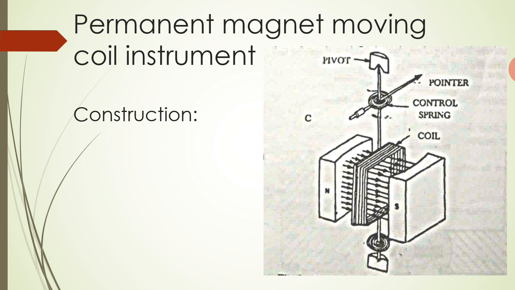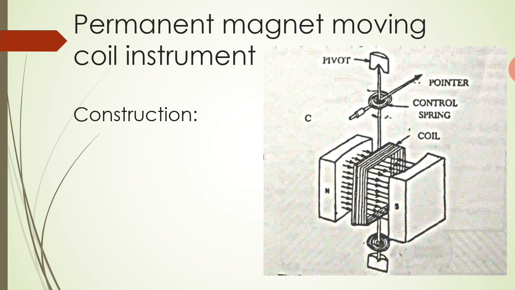The operation of the moving coil permanent magnet type instrument is based upon the principle that when a current carrying conductor is placed in a magnetic field, it is acted upon by a force which tends to move the coil.